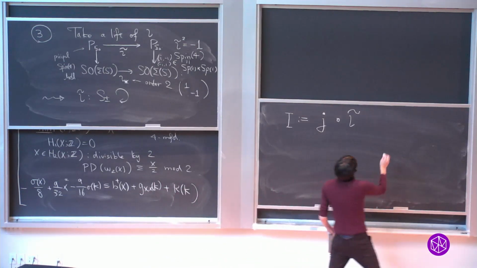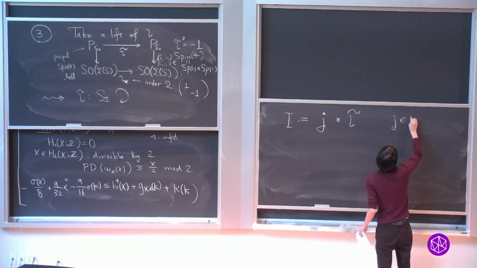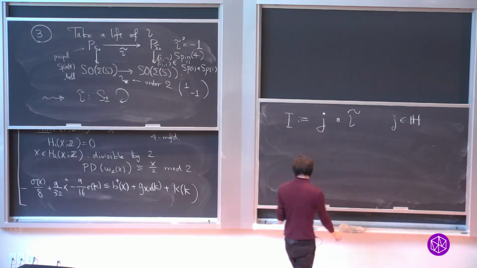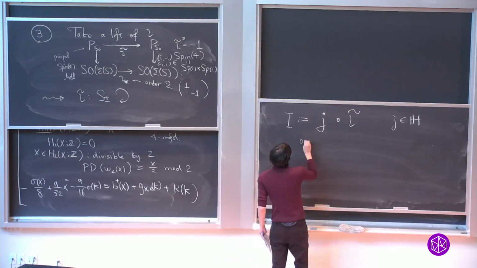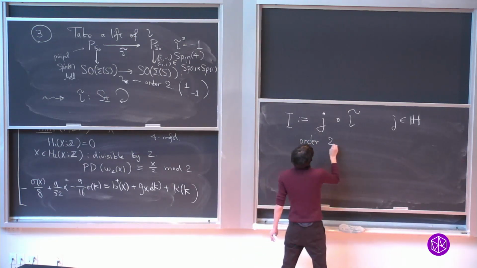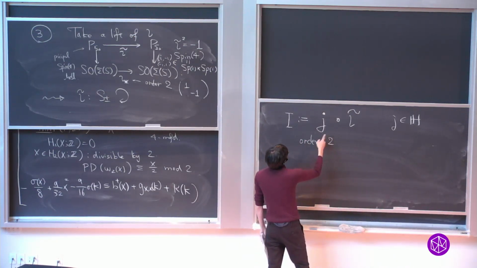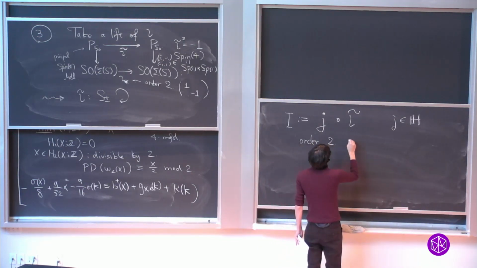So j is an element of the quaternions. So this will be order 2. And also, since i multiplied by j, this is anti-linear.